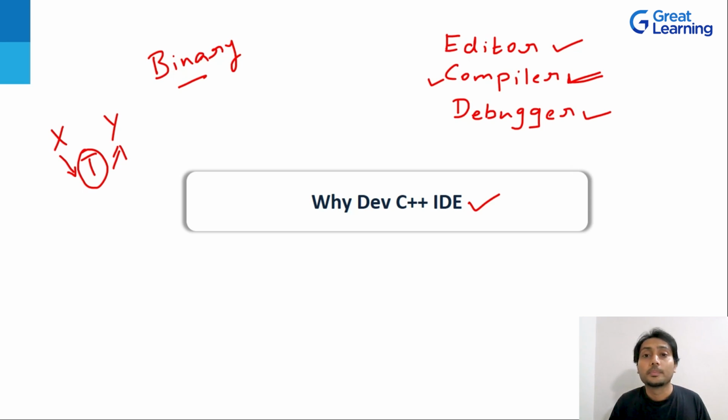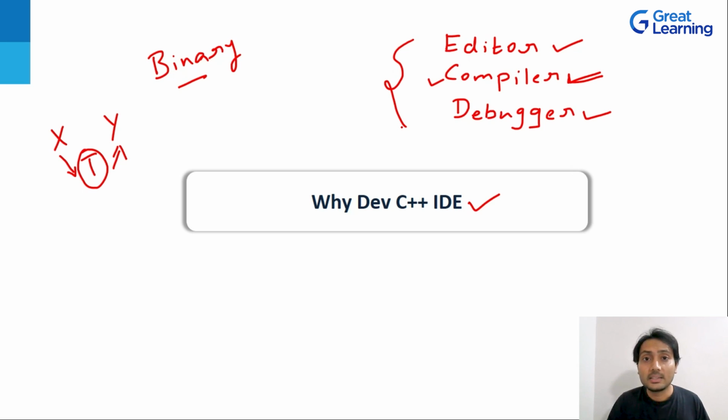All of these are present in your Dev C++ IDE. That is the reason it is the most frequently used IDE nowadays for writing your C++ programs. I hope with this you have understood why we are using the Dev C++ IDE.